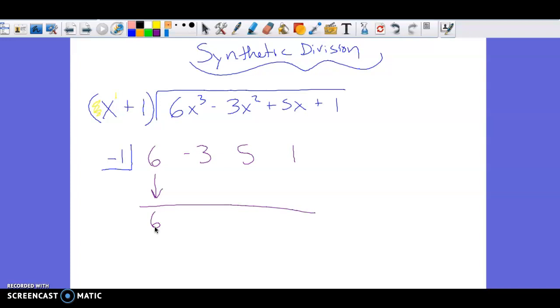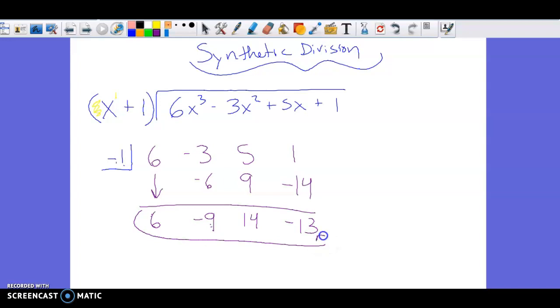Then you're going to multiply and add. Then you're going to multiply and add. Multiply and add. Okay, now what does this mean?